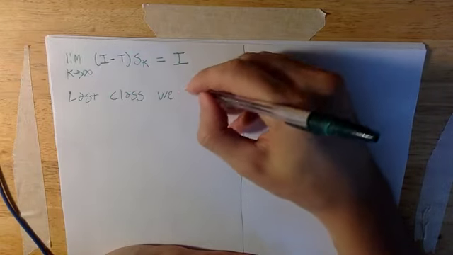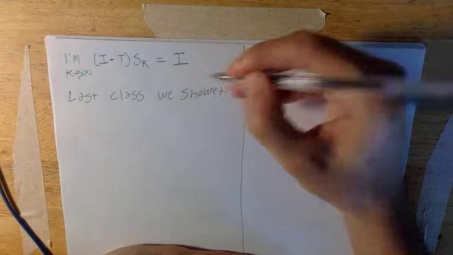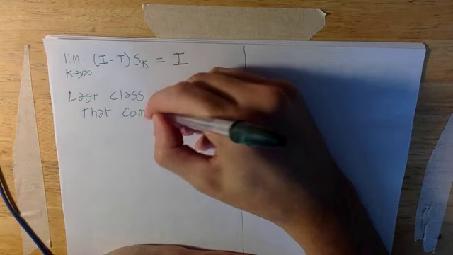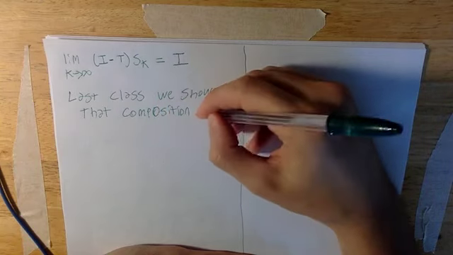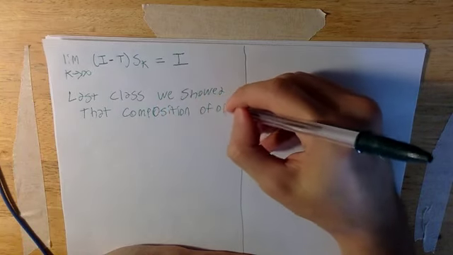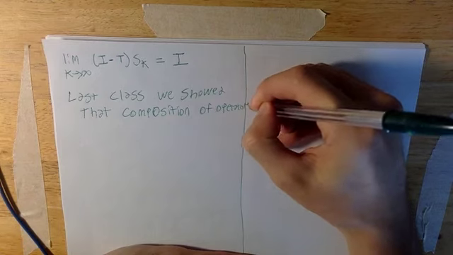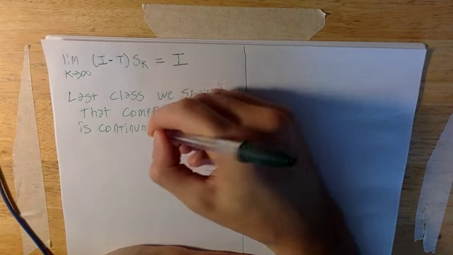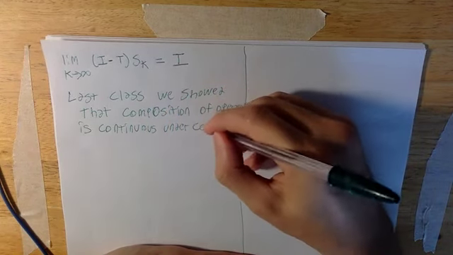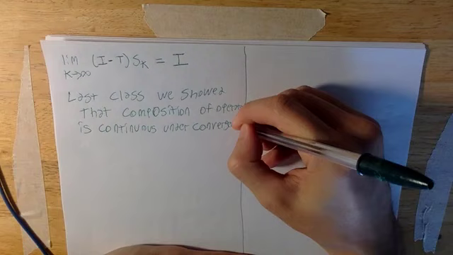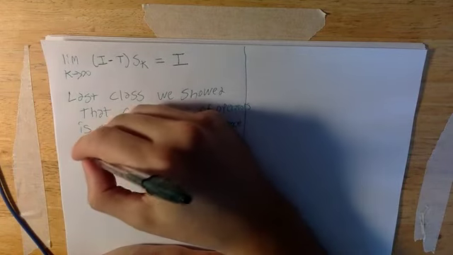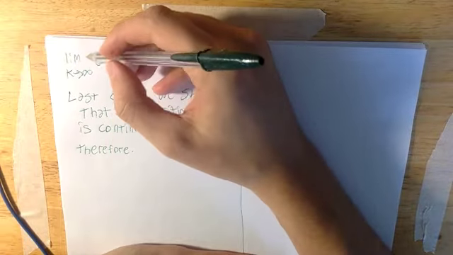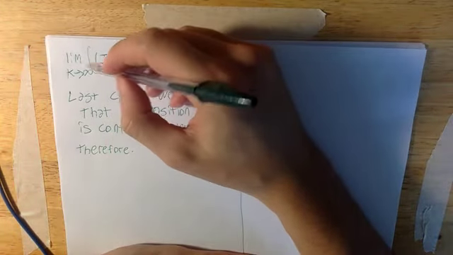But last class we showed that composition of operators is continuous under convergence. Therefore, we can distribute this limit in each of the pieces.